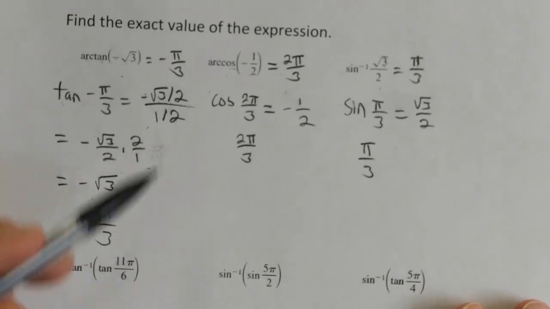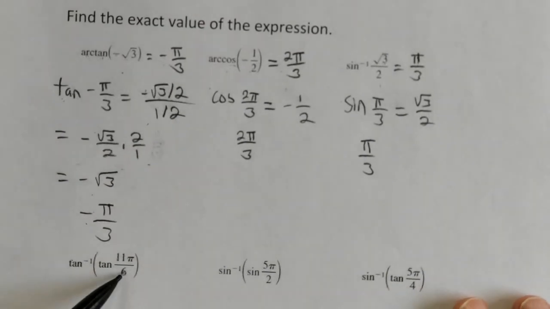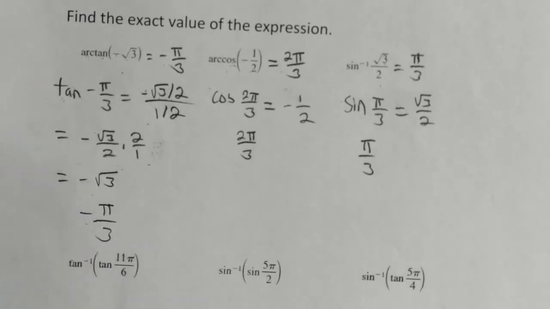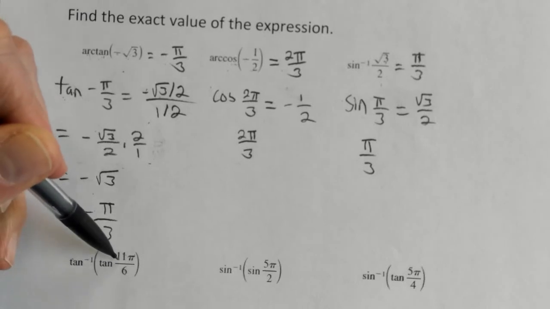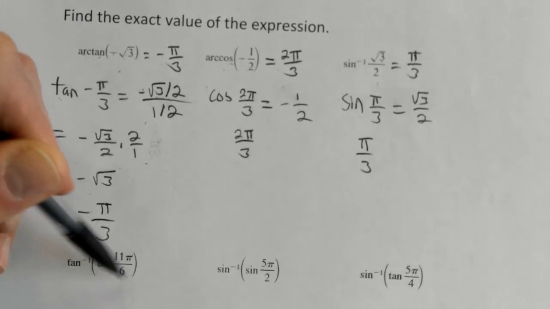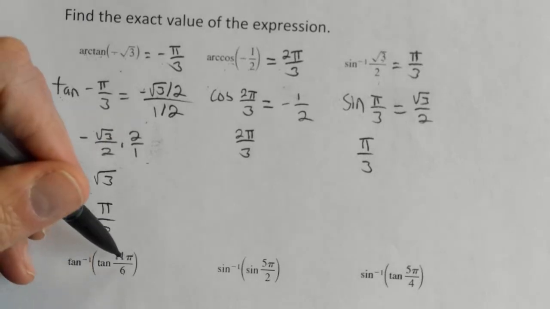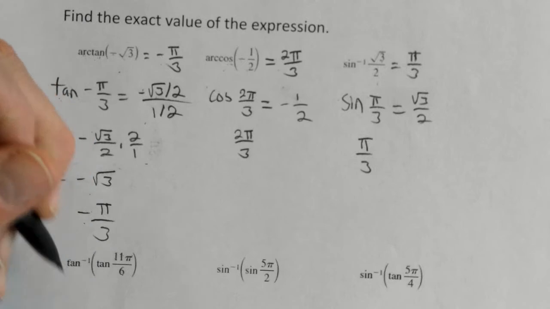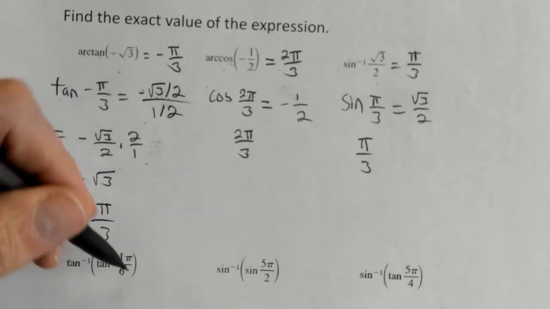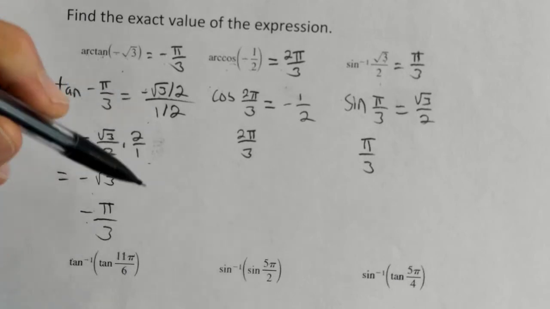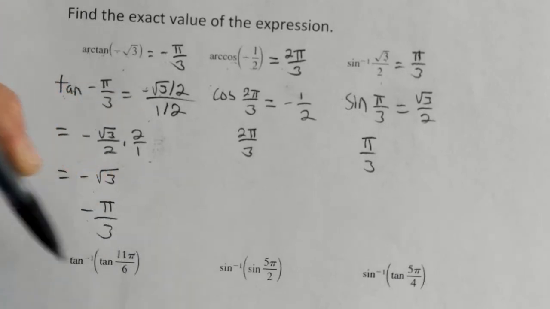And guess what? 11 pi over 6 is not within that pi over 2 value, right? So the question is, how are we going to turn this angle into an angle that is within the range values? Because remember, these functions are periodic, so these angles just repeat over and over every 2 pi radians, right? So they match up.